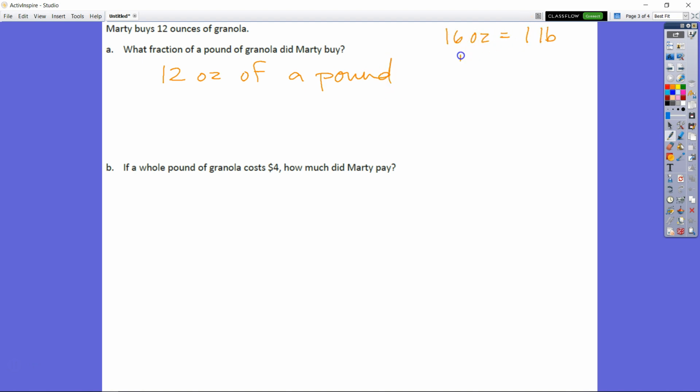So we said 1 ounce would be equal to 1/16 of a pound. 12 times 1 ounce is equal to 12 times 1/16 of a pound. We have 12/16. So she bought 12/16 of a pound, which simplified is 3/4.